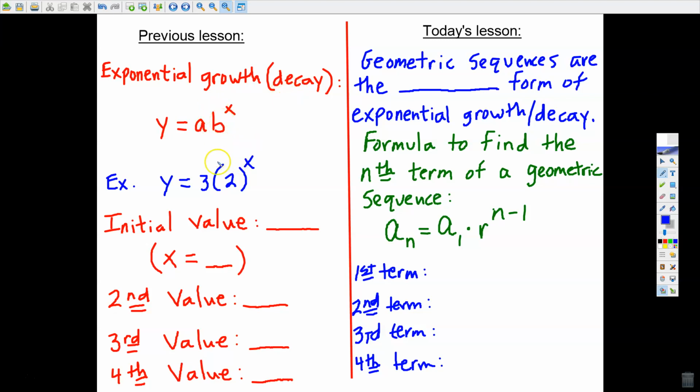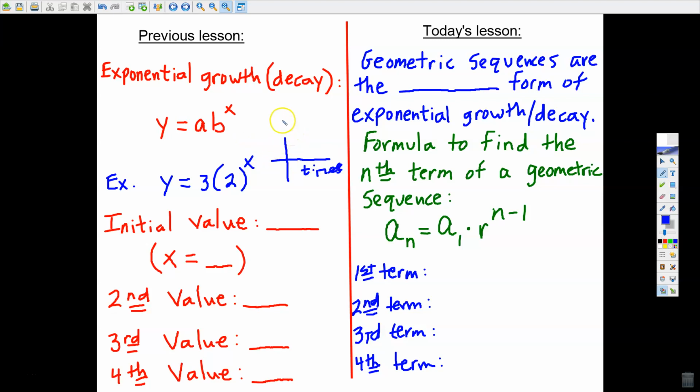All right, so what I've done here is give an example of an exponential growth function or equation. Think about this as a real-life scenario. Remember, when we graph these real-life scenarios, the x-axis is generally a time factor, whether years, months, days, or hours.